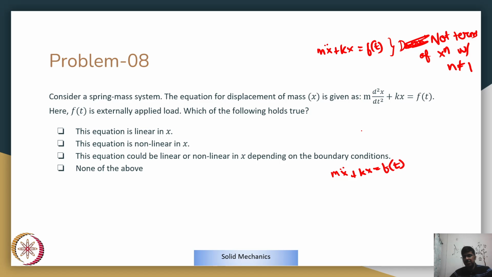If I want to study the nature of this equation, whether it's linear or non-linear in x, we ignore the externally applied term, so we ignore the external load. My equation without the external load would look like m x double dot plus kx.